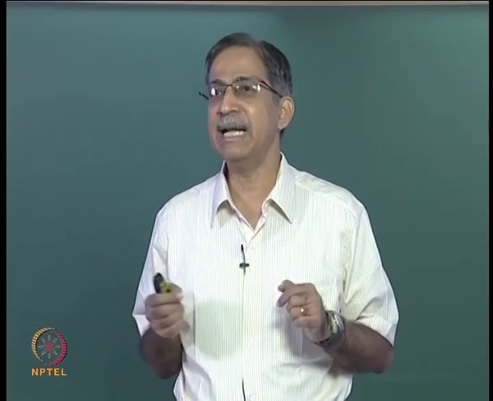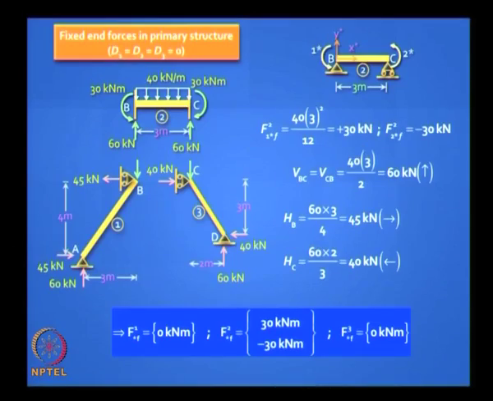Well, first of all, from this analysis you can find out that there are going to be no fixed end forces for elements 1 and 3. Why? Because there is no intermediate load. And for element 2, the fixed end moments are 30 kilonewton meter, minus 30 kilonewton meter, and there is no axial force.